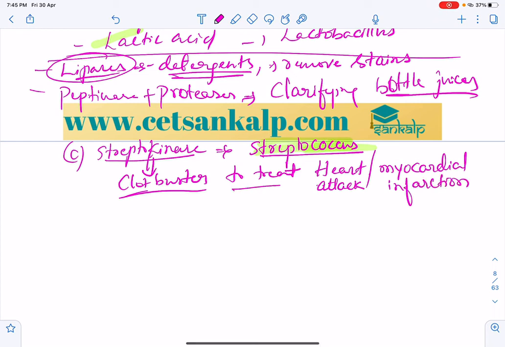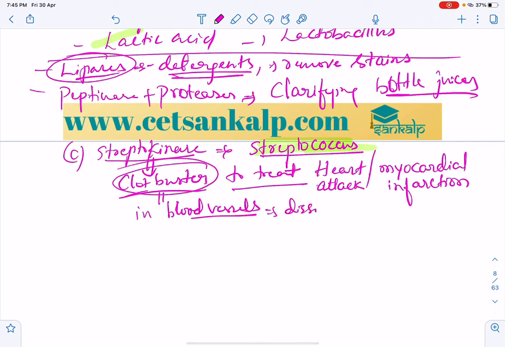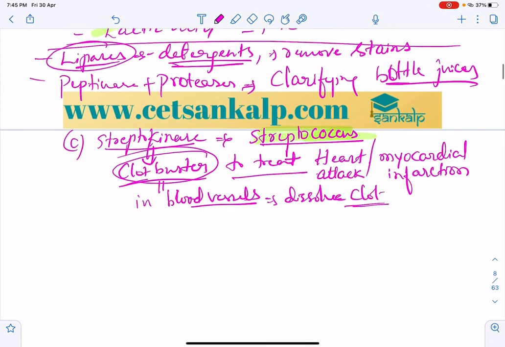To treat myocardial infarction, it acts as a clot buster in blood vessels, used to dissolve the clot.